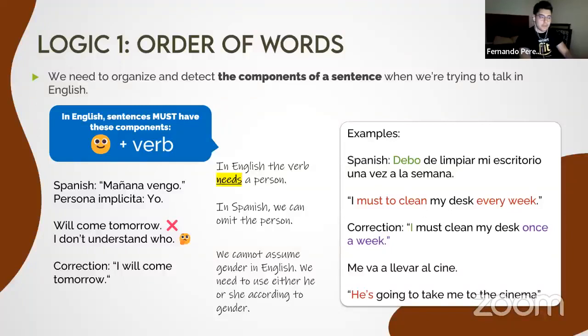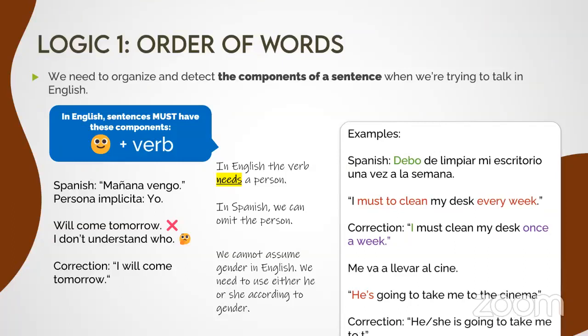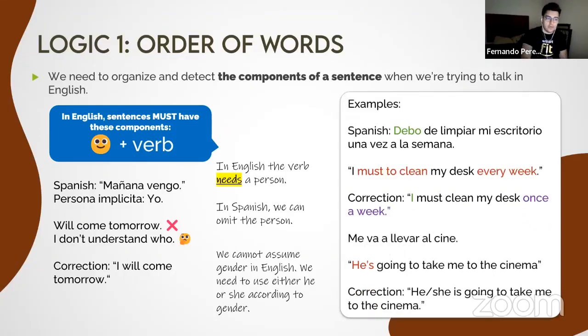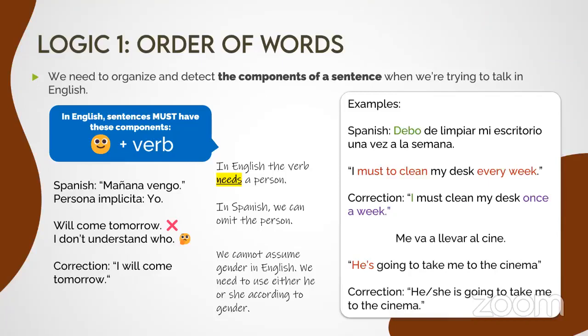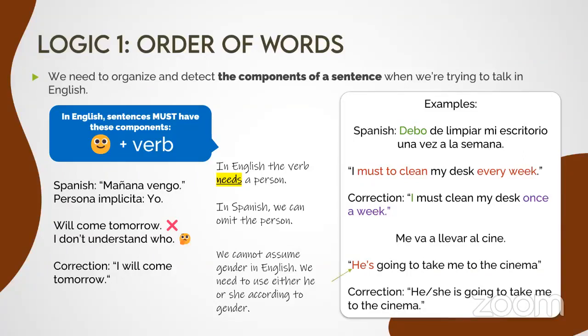The correct form would be he or she is going to take me to the cinema, because I don't know who the person is in this case. Got it? That's it.